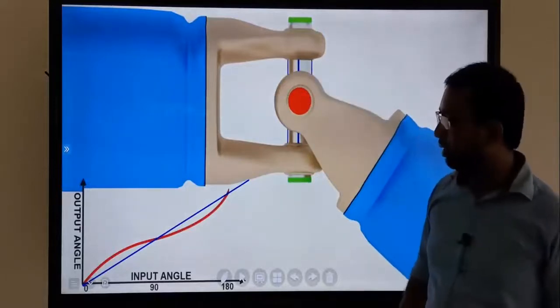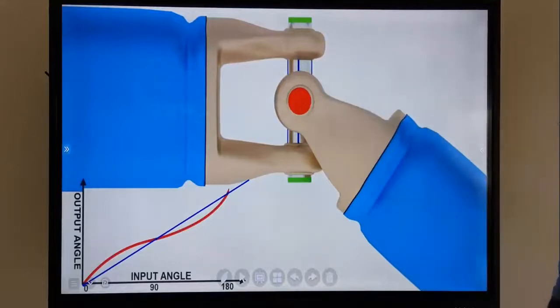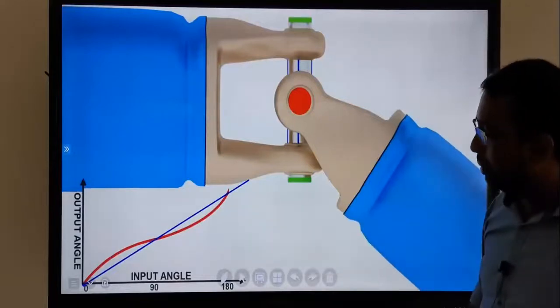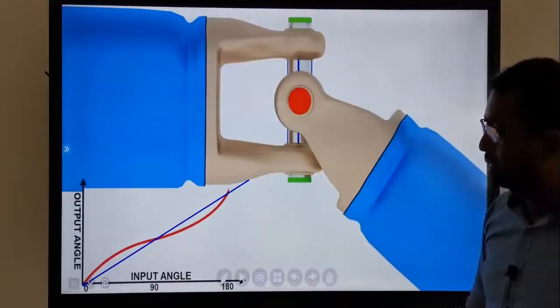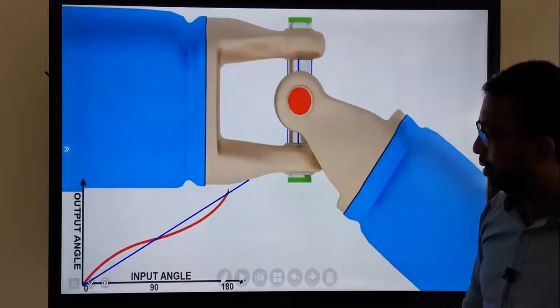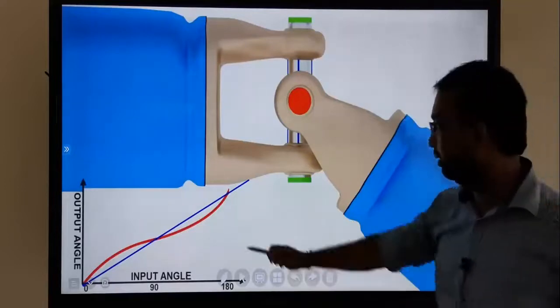So on the angle, if we draw a graph between the input angle and output angle, the input angle is constant, it's gradually increased, okay.